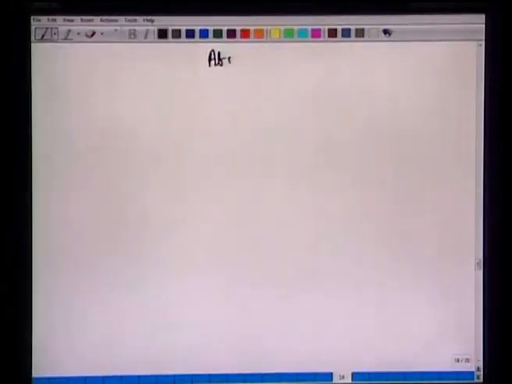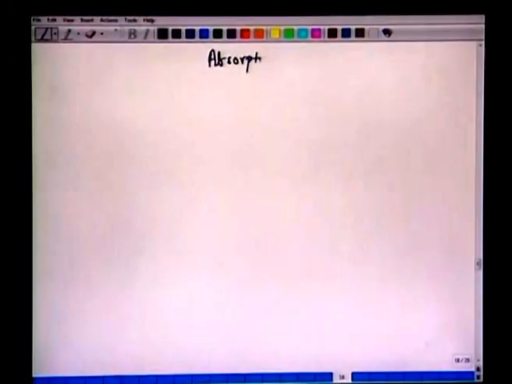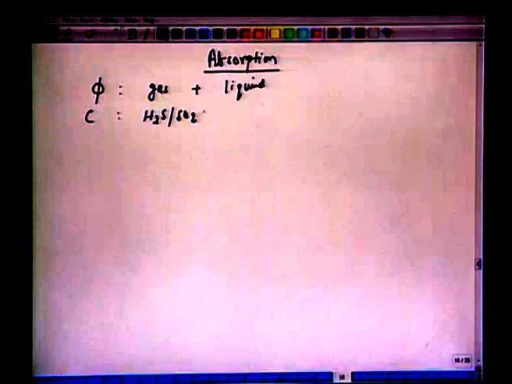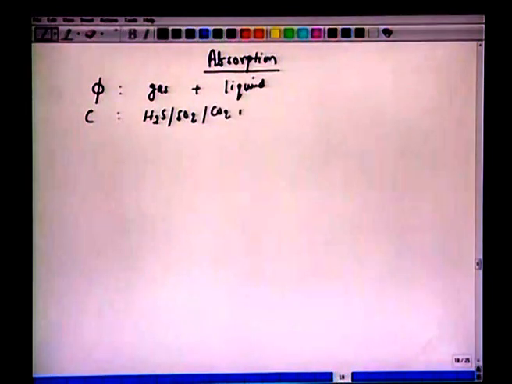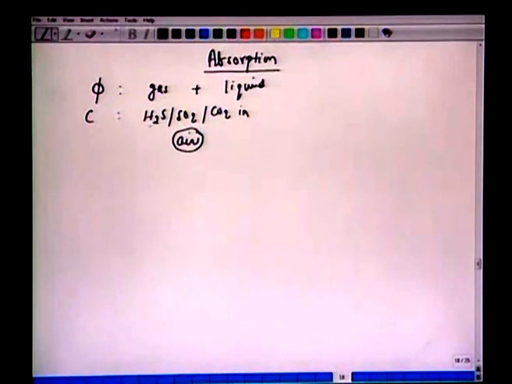So, we begin the first unit operation, absorption. We have two phases, gas plus liquid, and we have two components. We have, say, H2S, for example sulfur dioxide, or say carbon dioxide in air. So, one component is air and the other component is, let us say, sulfur dioxide.